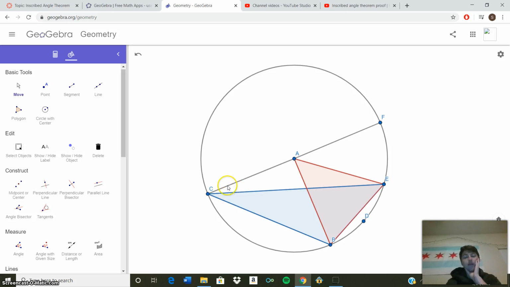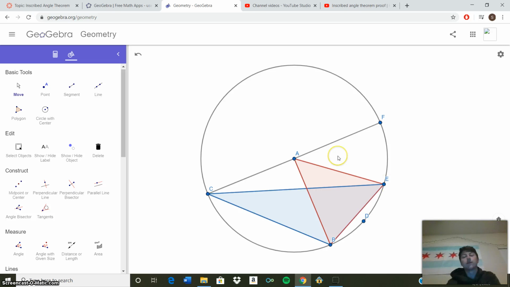We have this angle right here, this angle ECF. It's a big angle that goes across the circle. And we also have this angle FAE. So we know that FCE is half the measurement of FAE from our first case.